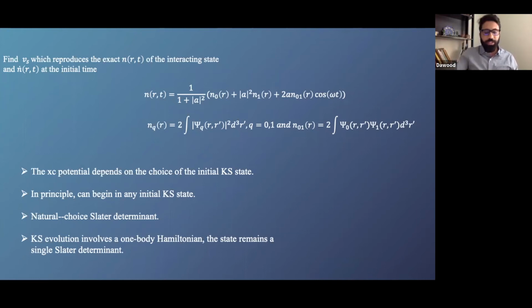In fact, this is quite a natural choice here. If the state is reached from applying an external field to a ground state and then turning the field off, the Slater determinant is the natural choice. In most of the physical situations, you have this ground state and you evolve it to this excited state. And then, since the Kohn-Sham evolution involves a one-body Hamiltonian, our state will remain a single Slater Kohn-Sham determinant.